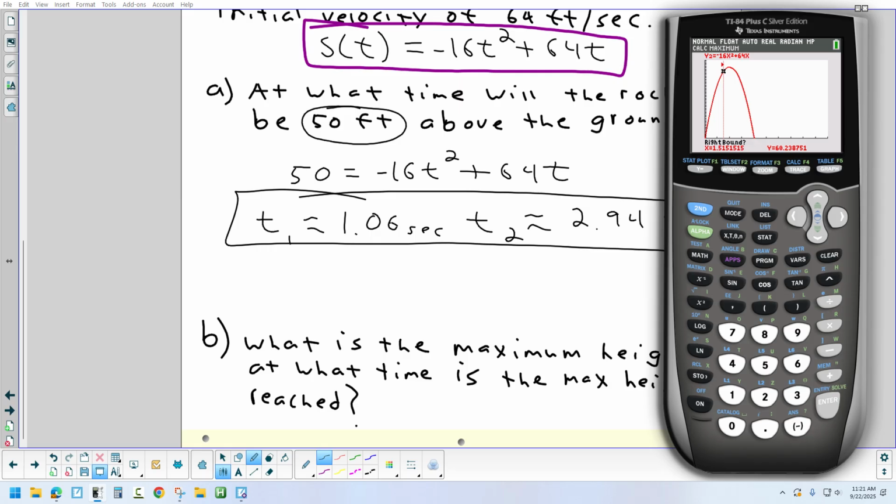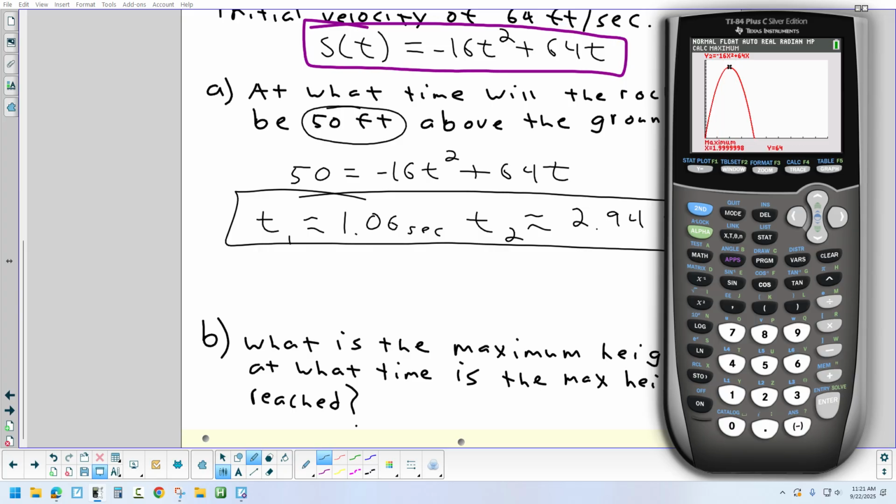Next question it says is right bound. You have to take your cursor and put it somewhere to the right of the maximum. So now you've got this kind of column it's going to look at to find the maximum. The guess doesn't really matter. You can put the guess close if you want to put it somewhat close. But just hit enter.